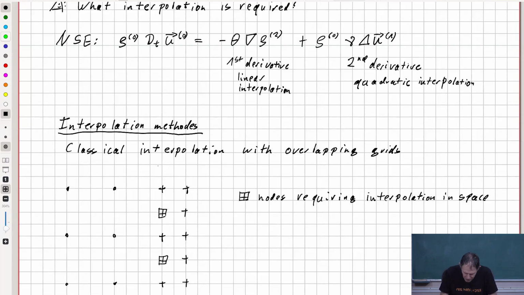The others don't need interpolation in space because you see they would overlap with the coarse grid, right? However, they still require something, namely, because we use acoustic scaling, they require interpolation in time, because we don't have synchronous time steps.